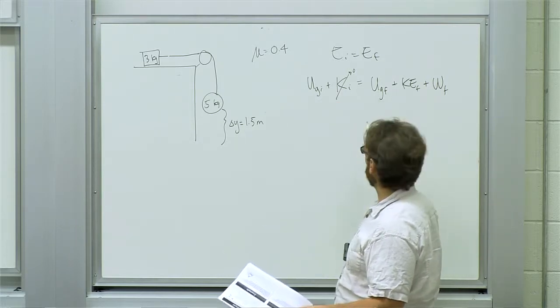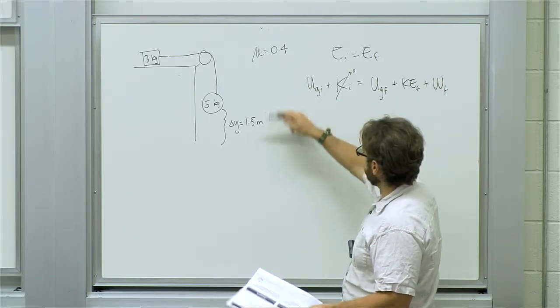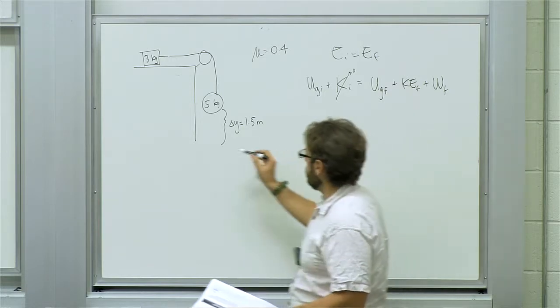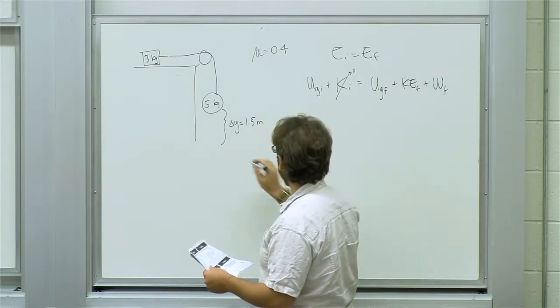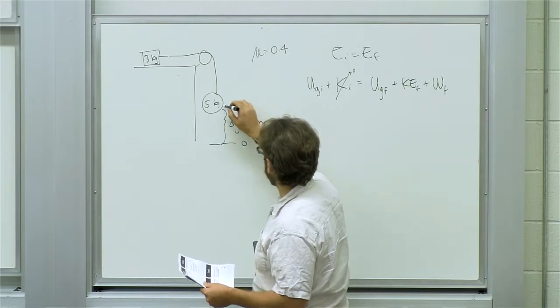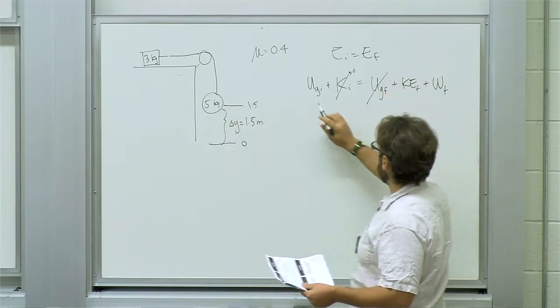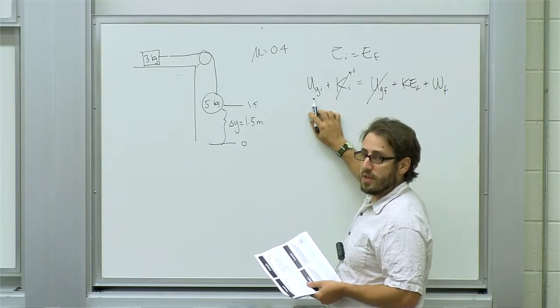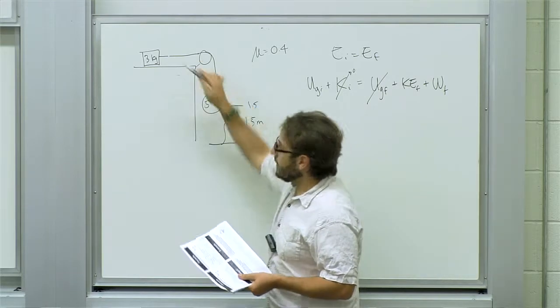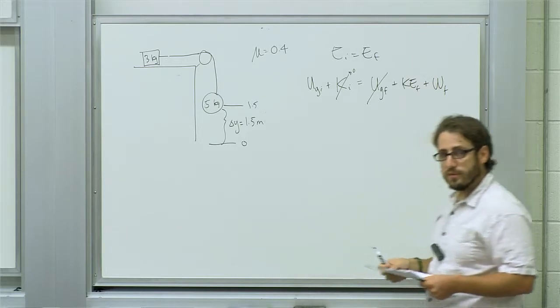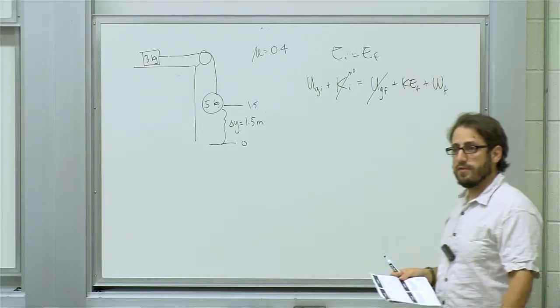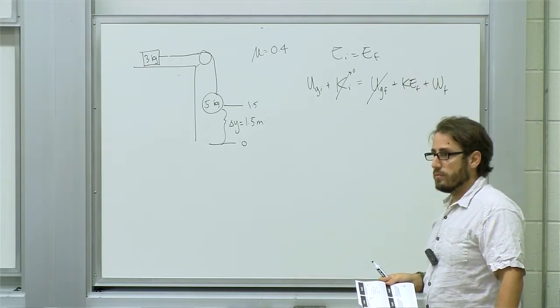Okay, so let's first think about this gravitational potential energy. Right, this is mgh. We can just do the relative height here. One thing we could do to be explicit is to say that the final height is 0 and that this one is 1.5, so that this goes away. Now, what mass do I put in here for the potential energy? Do I do 8 kilograms, 3 kilograms, 5 kilograms? Why 5? That's the only one that's moving up or down.